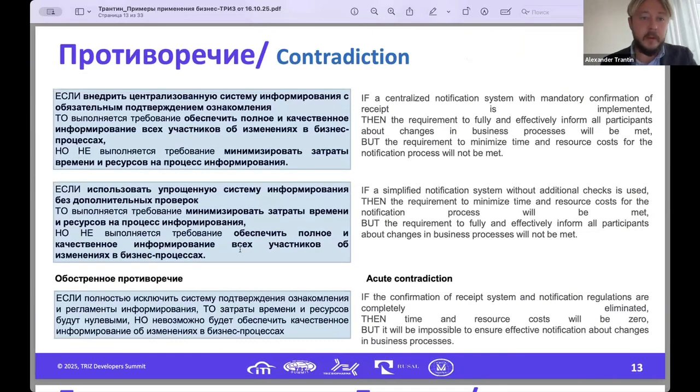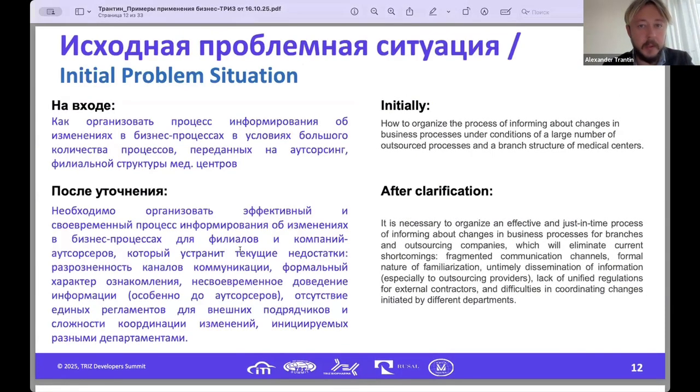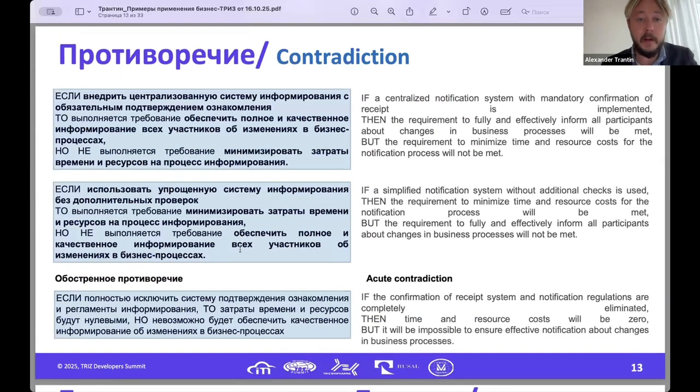And again, using the recommendations proposed by AI, on the basis of this updated situation, we formed the contradictions. So there's a solution in a centralized way with informing. Yes, we will ensure high quality awareness and communication.